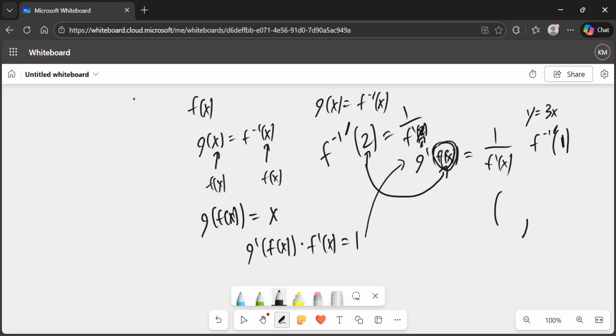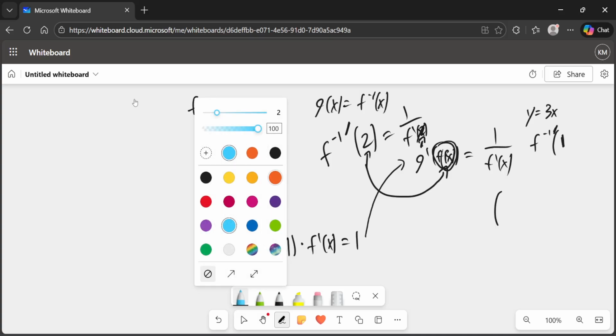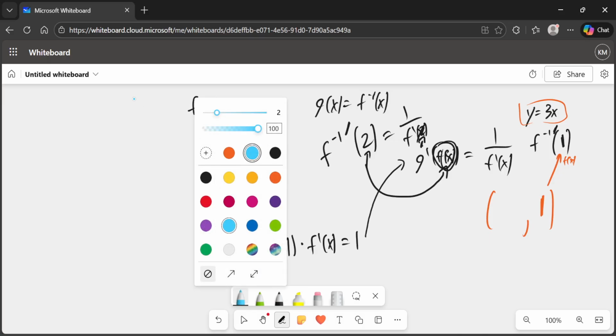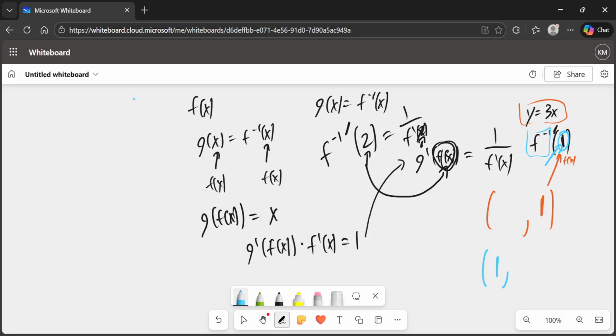Okay, so in my original function, which I'm going to make orange, I want something that will give me 1, because this is f of x over here. In my inverse function, that's going to be 1. And that's why this is 1.